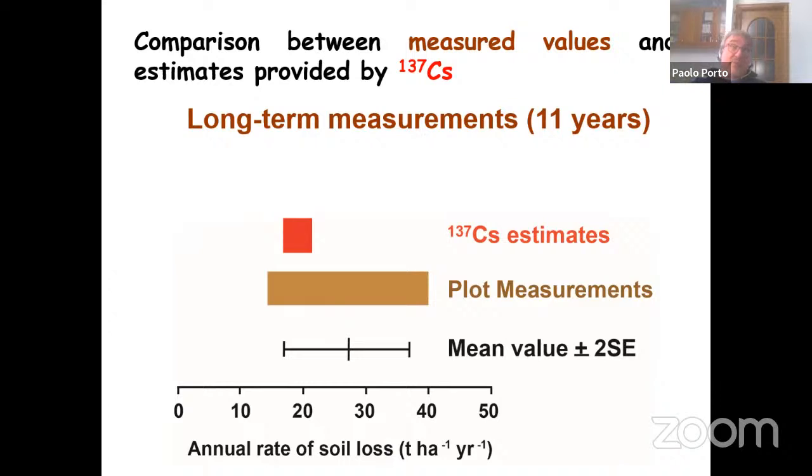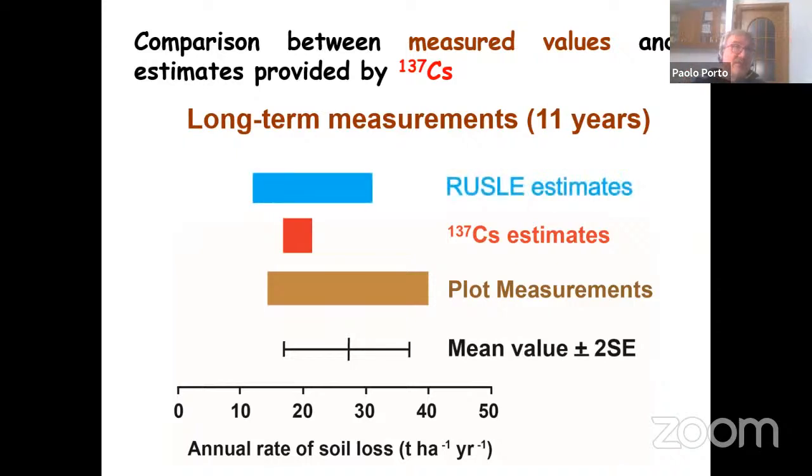Because we have 11 years of measurements, we can calibrate the Russell model for these 11 years. And then we can extend the application from 11 years to the 63 years covered by cesium-137 estimates.